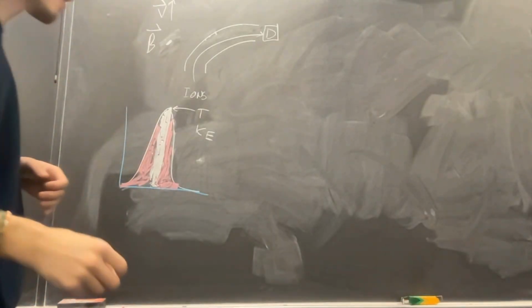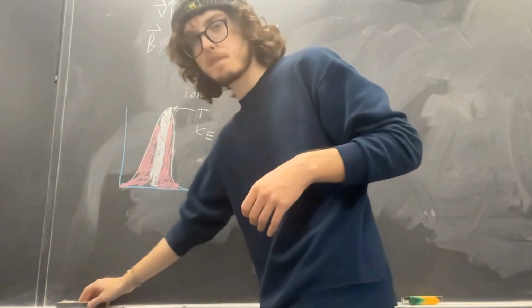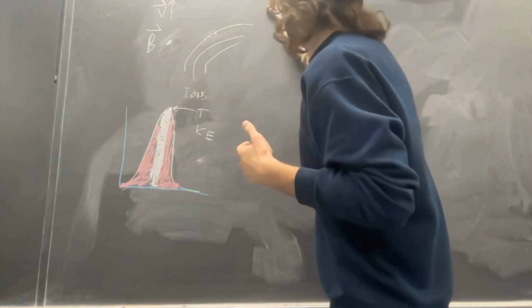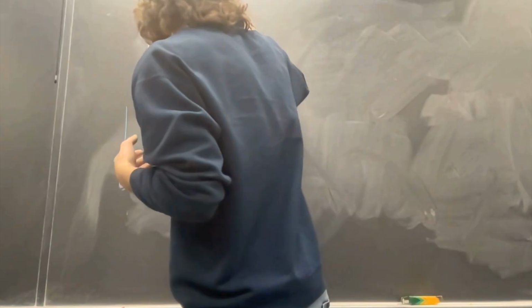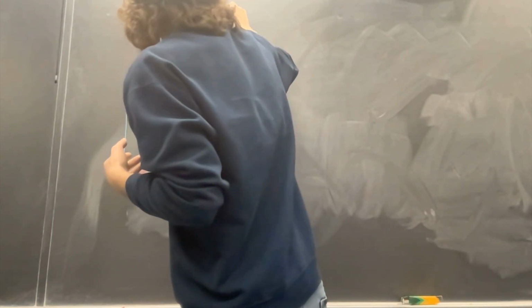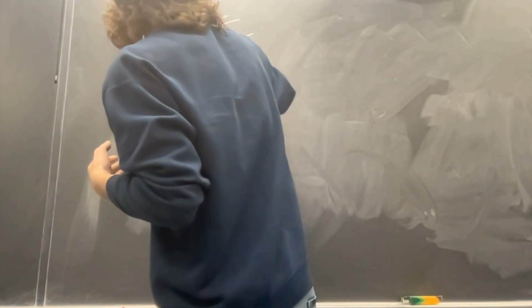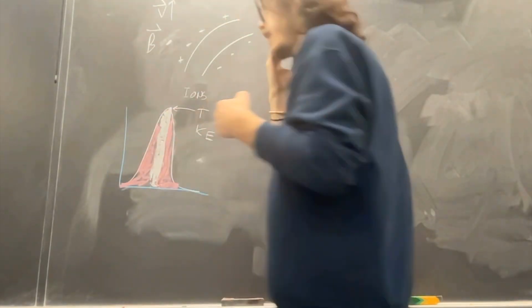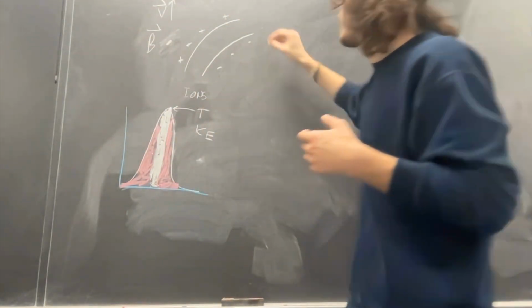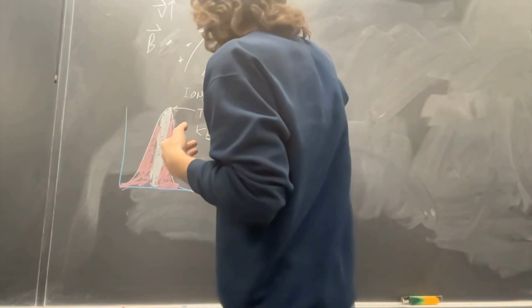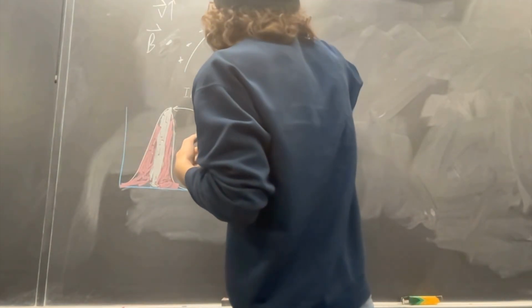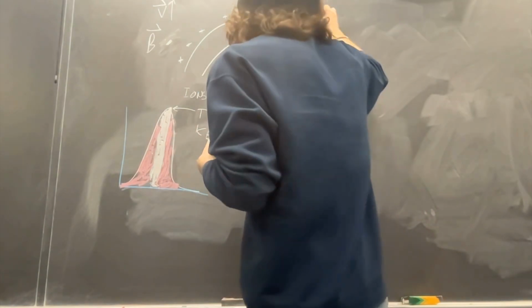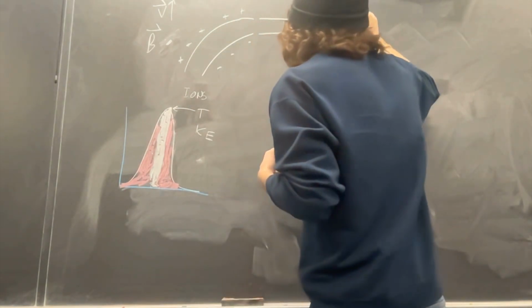So how do we do this? Well, we just make a very simple modification. We still have our ion source, but we're going to first run it through an electric field. I think it's called an electrostatic analyzer. Then we bring it through just empty space, and then we have it run through a magnetic field.